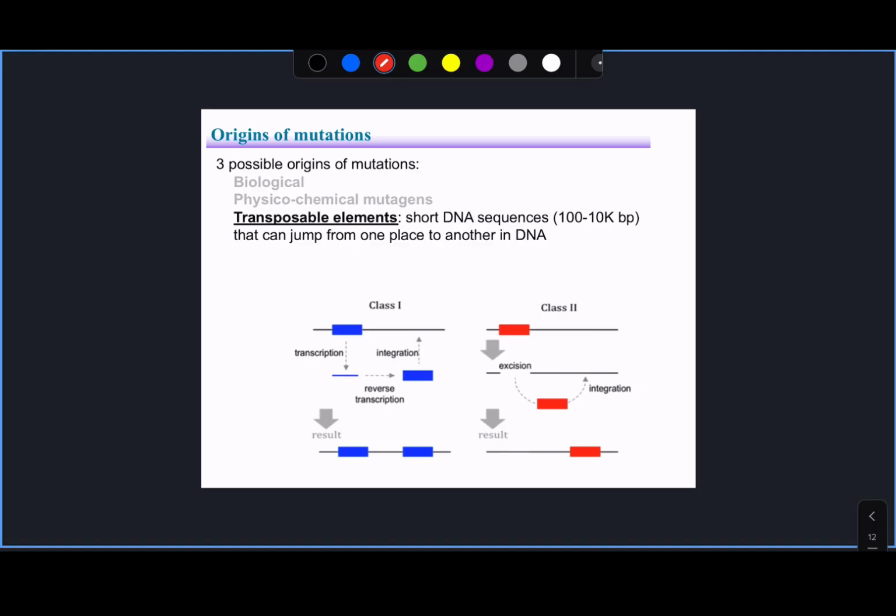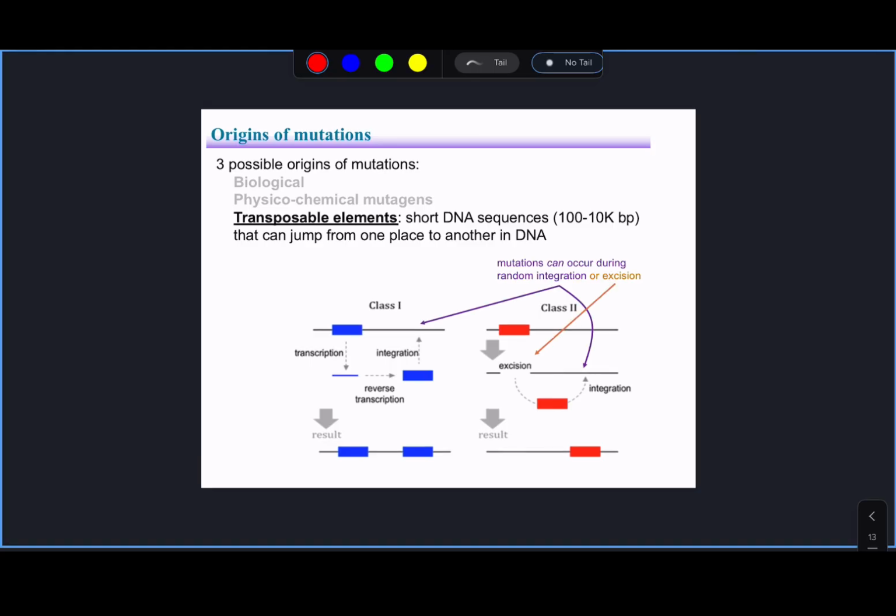So I said there is no change to the host genome. But if I move this, let's take the class 2. If I move this transposable element from here to here, there are two things that can happen. One is I may break something, and I have it on the next slide.